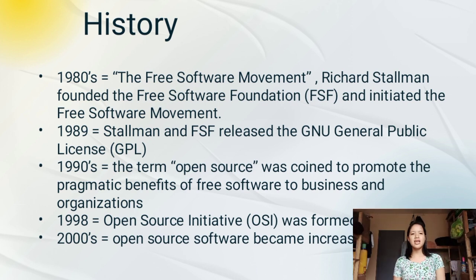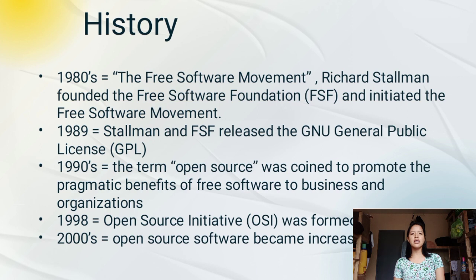In late 1990, the term open source was coined to promote the pragmatic benefits of free software to businesses and organizations. The Open Source Initiative was formed in 1998 to promote and advocate for open source software.